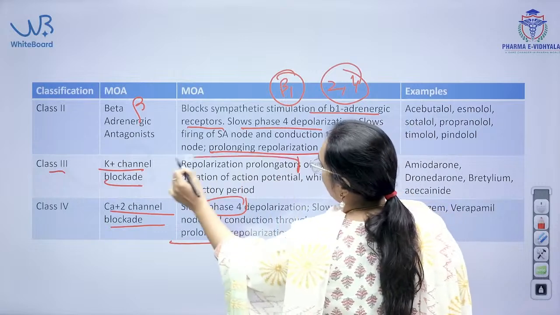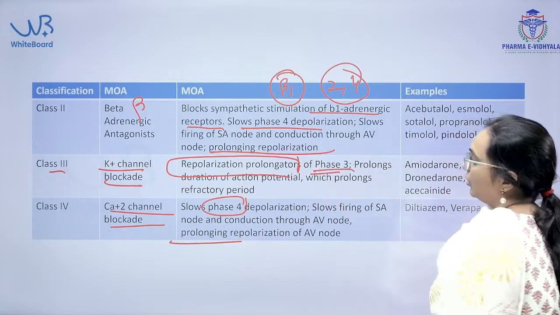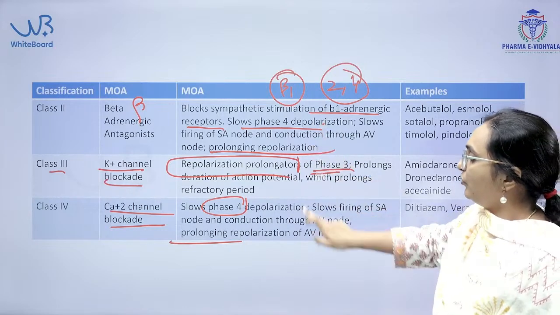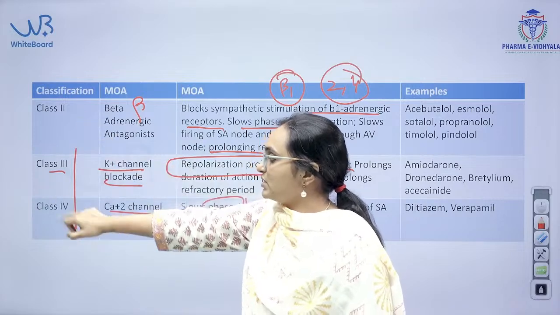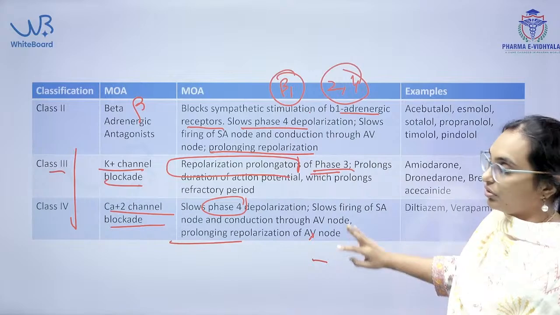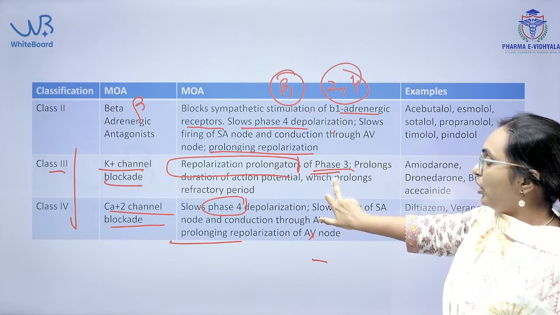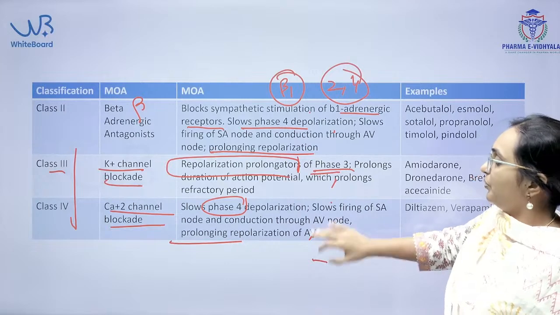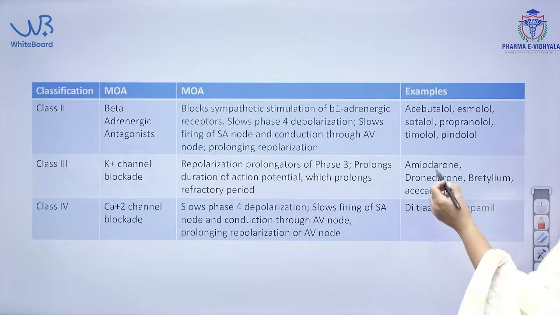Repolarization prolongators, potassium channel blockers, act on phase 3. You remember like this: 4, 3, 4. Class 2, class 3, class 4 is 4, 3, 4. Class 2 slows phase 4, class 3 prolongs phase 3, class 4 slows phase 4. Okay. And now coming to the examples. You know all the lols.